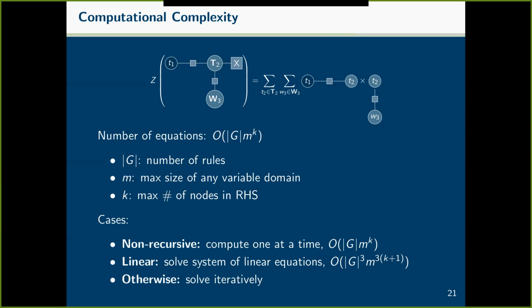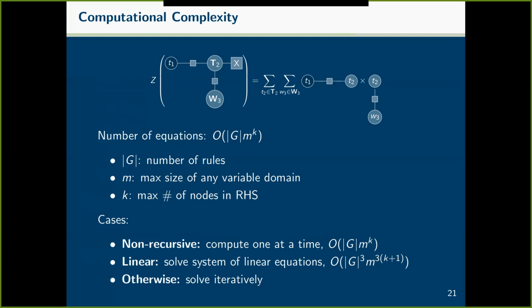You just solve each equation individually, plug them into the earlier ones, etc. If it's a system of linear equations, you can solve it, and that'll just be the number of rules cubed. And otherwise, you have to solve it iteratively. So I realize this went very quickly, and this is probably the sort of thing that you've got to stare at for a little while. But does anyone have questions about inference?